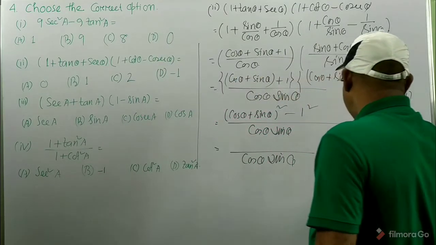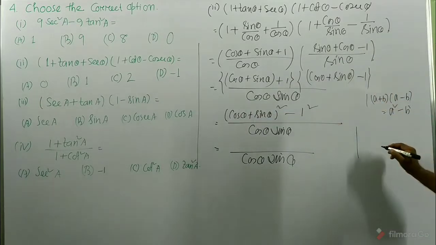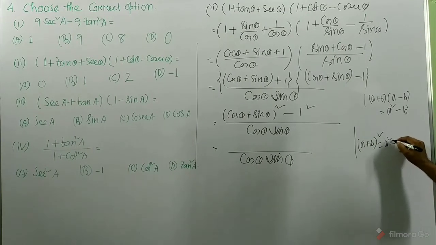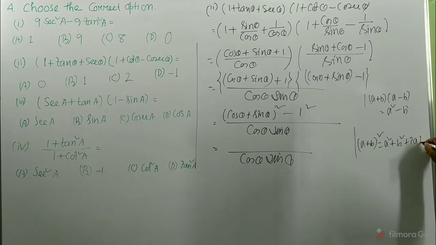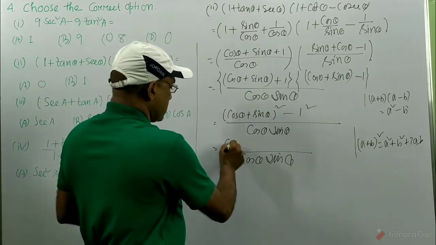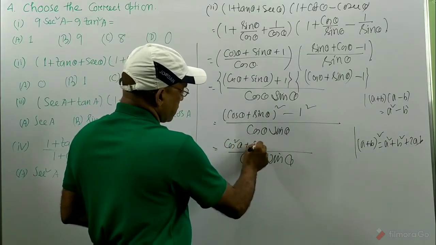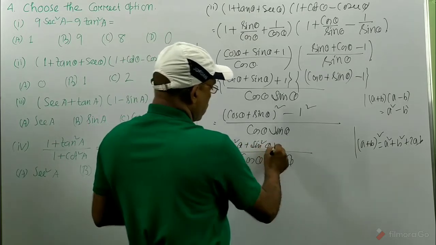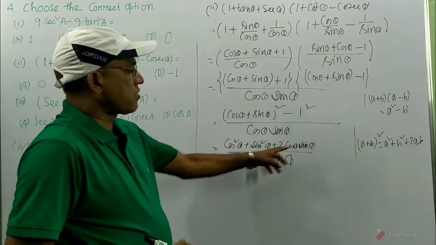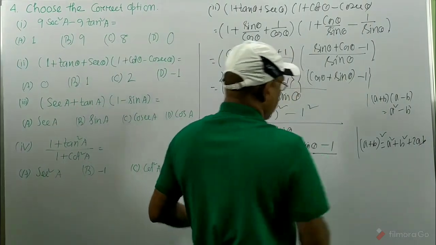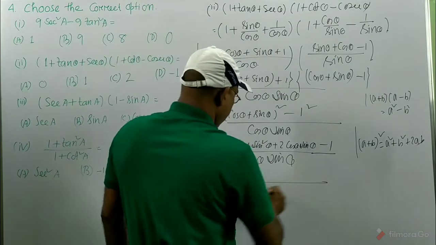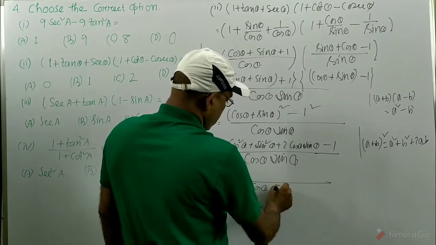Again we know this formula: A plus B whole square equals A square plus B square plus 2AB. So expanding, we get cos square theta plus sin square theta plus 2 cos theta sin theta, minus 1, over cos theta sin theta.